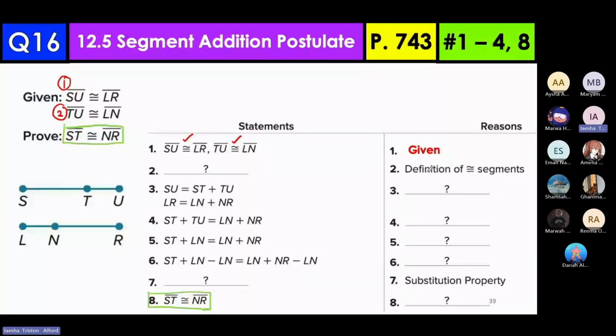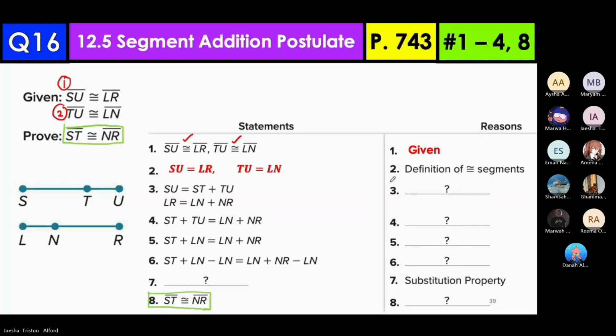Line number 2 says we should have definition of congruent segments. So what should we put in the statement? SU equal LR and TU equal LN. Correct, so they should be equal.